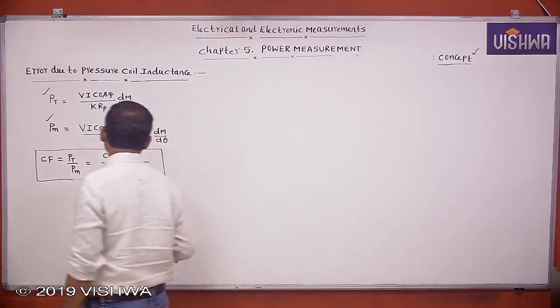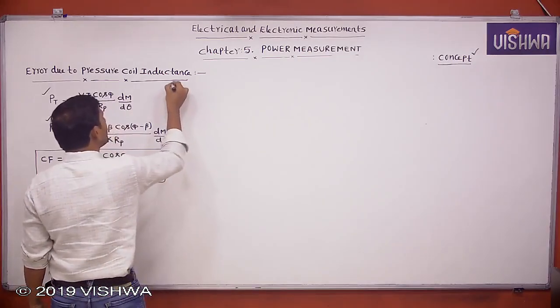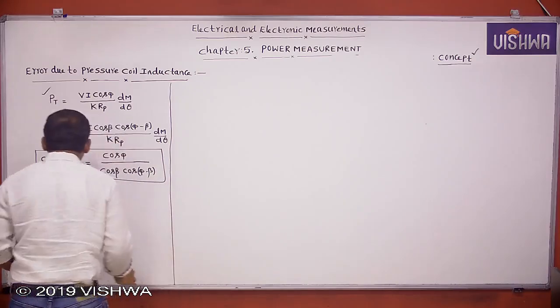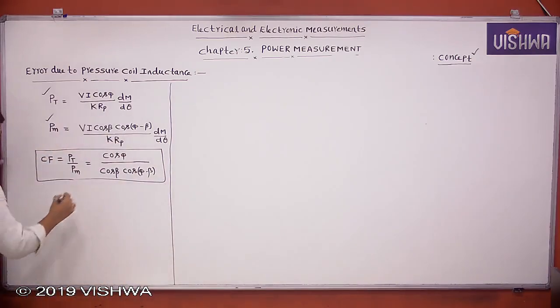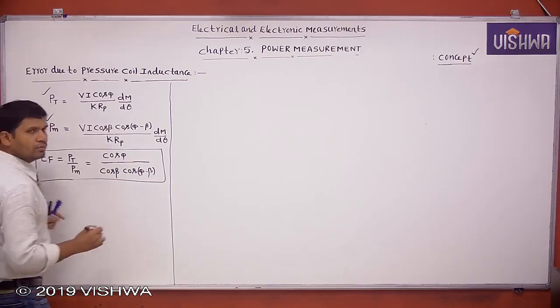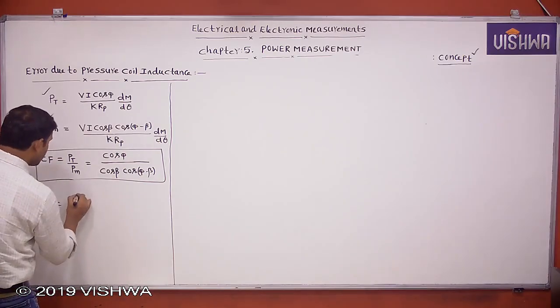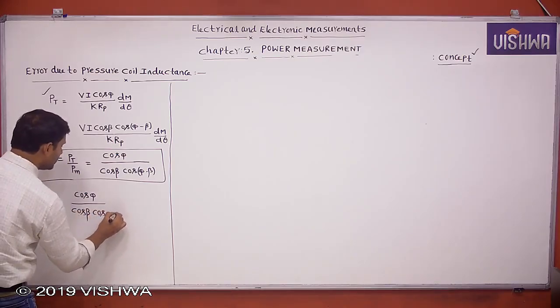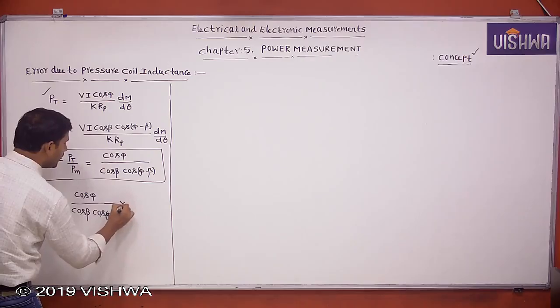Now from this we can extend this and get the error due to pressure coil inductance also. Shall we write like this? True power equals cos phi by cos beta into cos of phi minus beta into measured power.